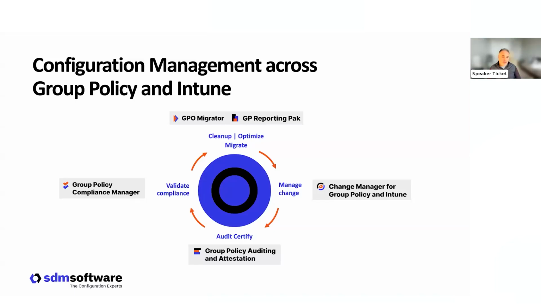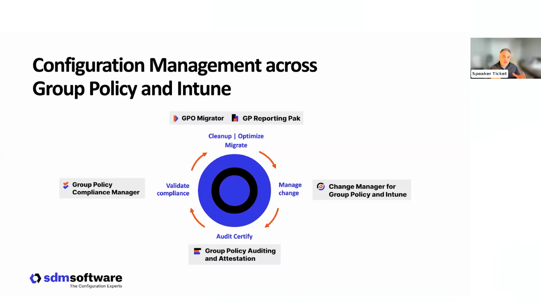Yeah, of course. And on the screen here, we've mapped out the SDM product suite to the life cycle. So, you have clean up, optimize, and migrate. GPO Migrator and GP Reporting Pack can help you do that. What I love about Migrator is Kevin had mentioned consolidating a bunch of GPOs.